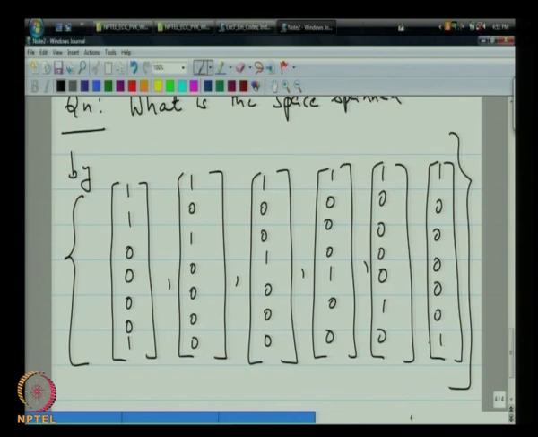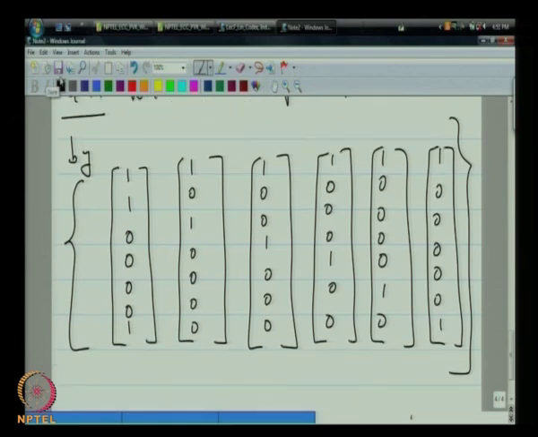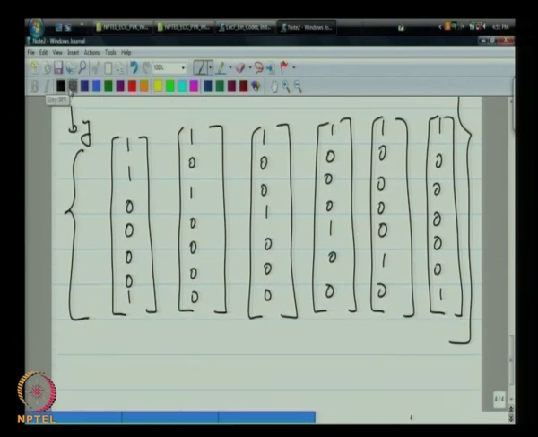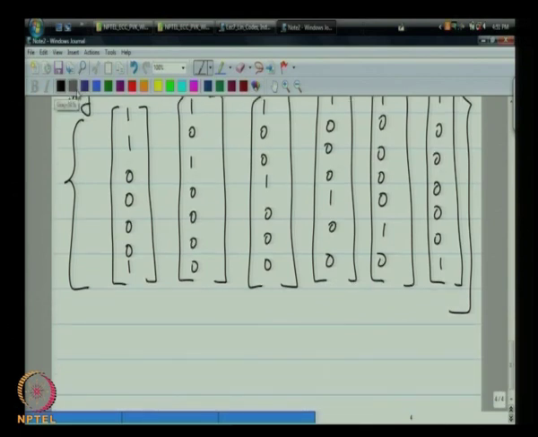So, I have put down 6 vectors here, and these commas here are a little distracting. So, perhaps I will just remove them. Okay, so, we have 6 vectors here, and the question is, what is the space spanned by them? Now, strictly speaking, you cannot answer this question without knowing the setting.